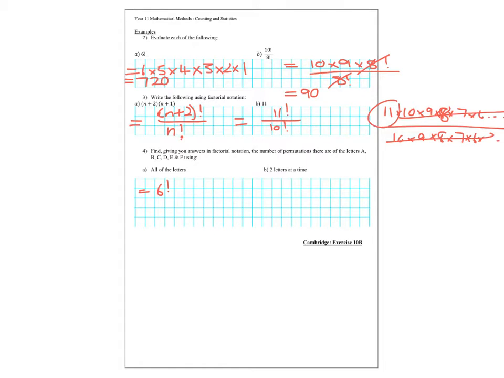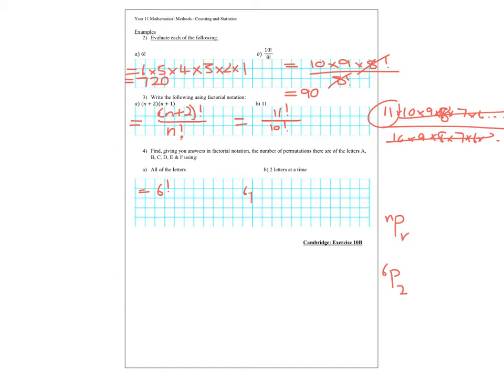However, if we weren't doing it in factorial notation and just in normal notation, you would just leave it as 6 times 5 times 4 times 3 times 2 times 1, simplified. Now if we're doing 2 letters at a time, that's where we use that formula that we talked about before, nPr, where n is the number of objects, 6, P is the permutation, and r is the size of the group.